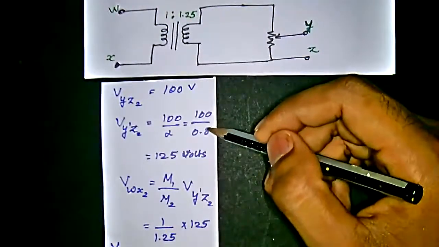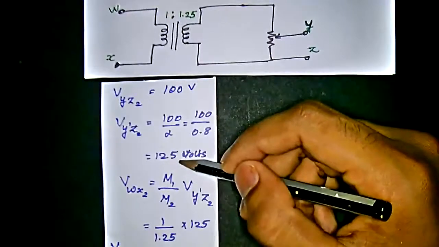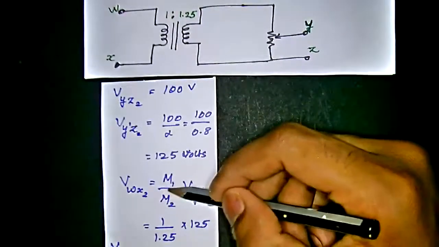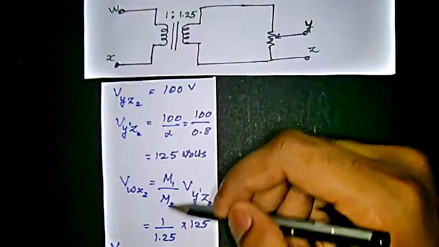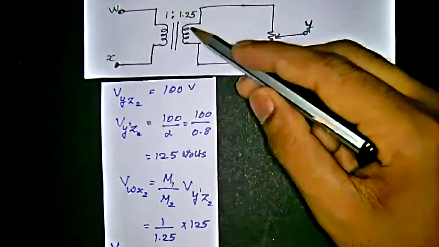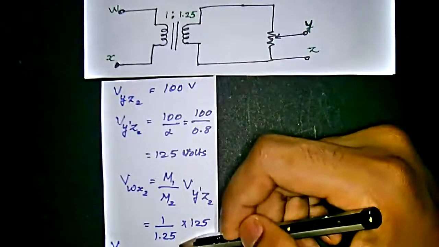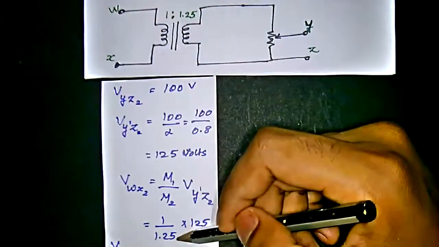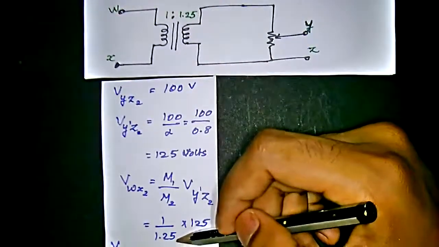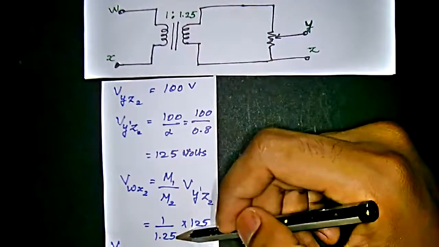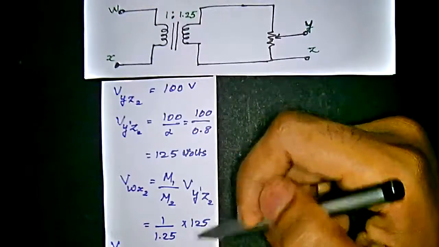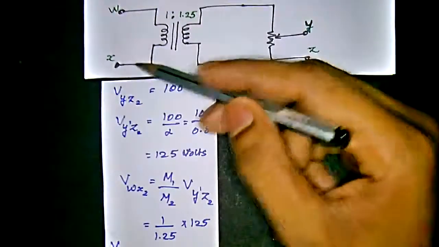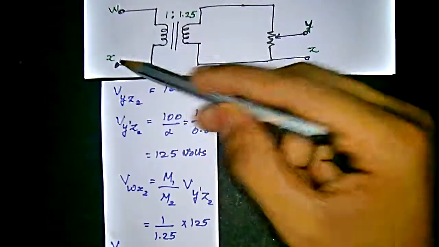So 100 divided by 0.8 gives us 125. We already know the transformer ratio N1 divided by N2, that is 1 divided by 1.25, multiplied by 125, which gives us 100. So we get the output 100 and the input 100.